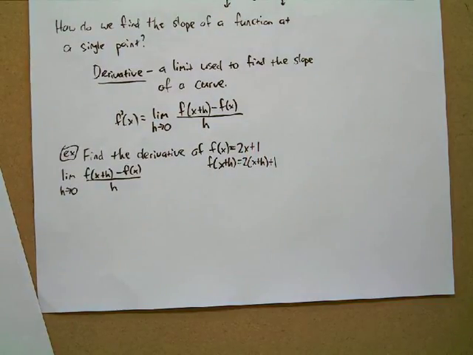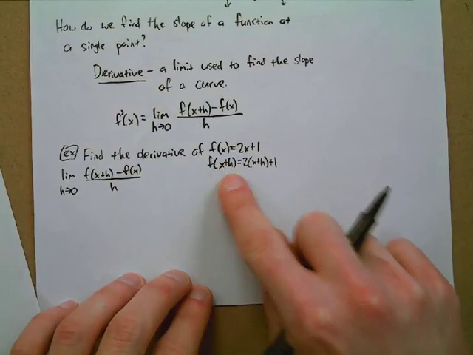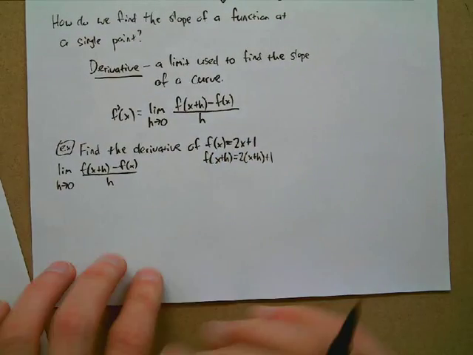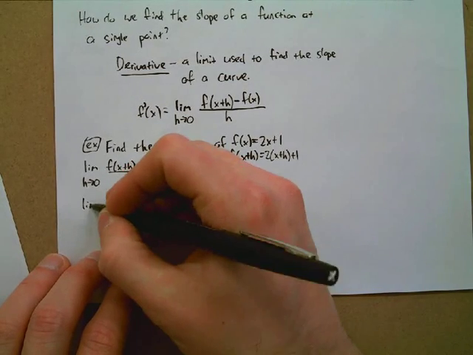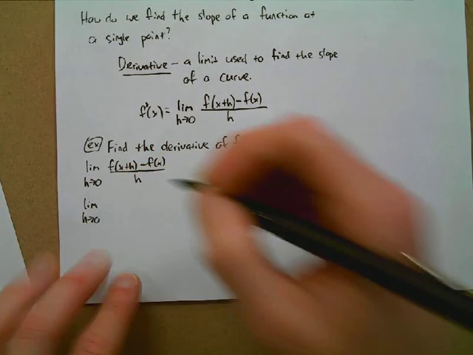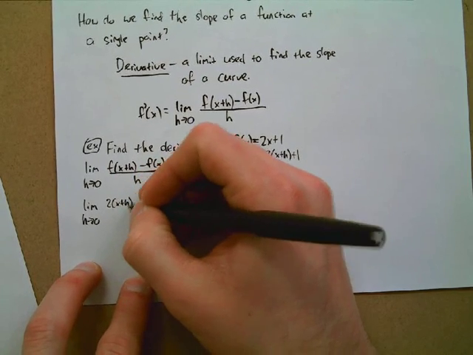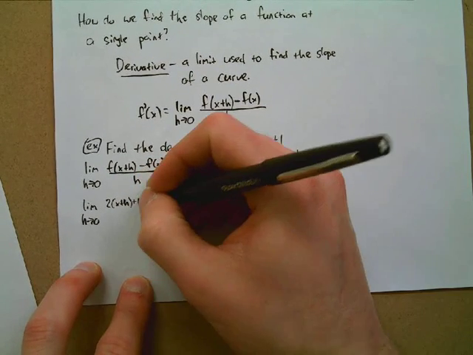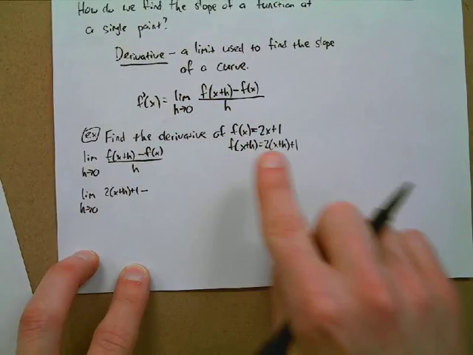And now we'll fill in our difference quotient here. So the limit as h approaches 0, f of x plus h, 2 parentheses x plus h plus 1, minus f of x, which is 2x plus 1. And again, minus the quantity f of x, so make sure you put parentheses around that f of x.